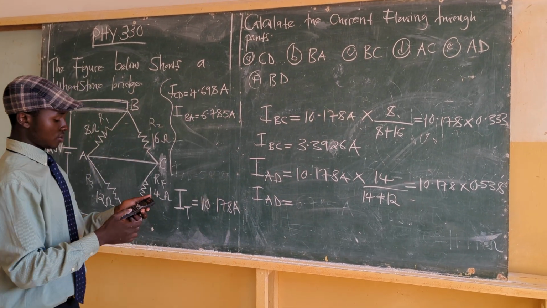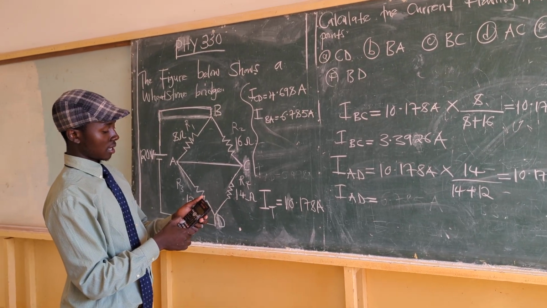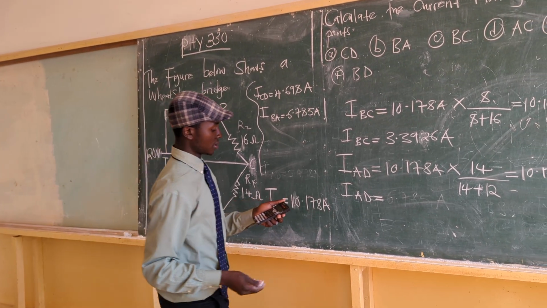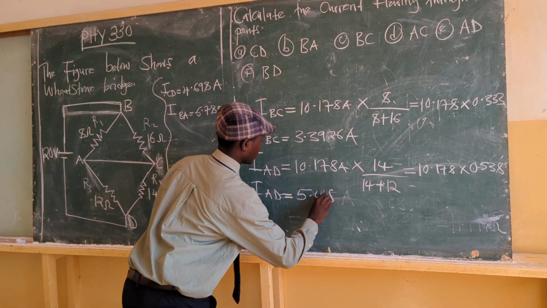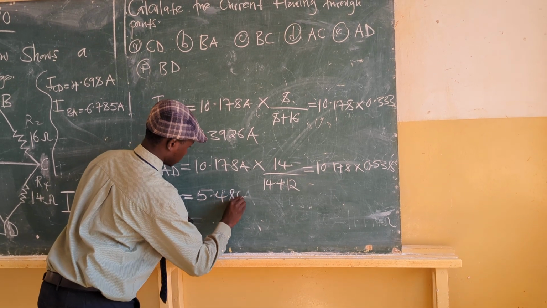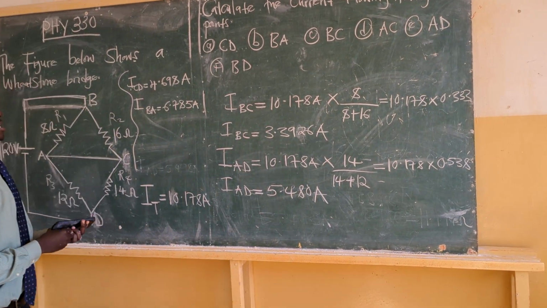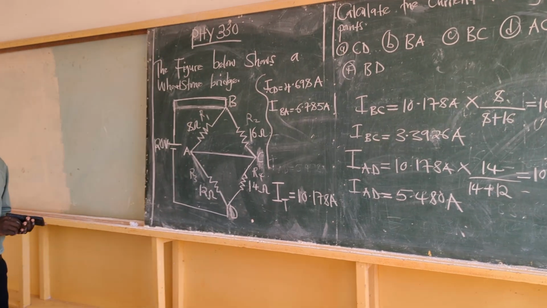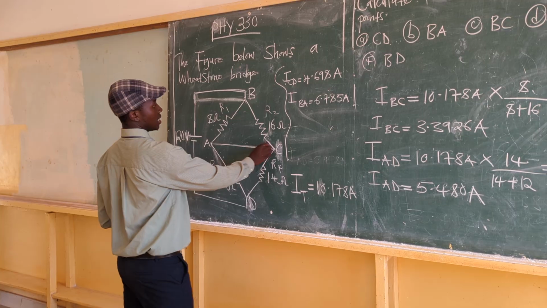So for AD, you multiply that with 10.178. This gives us 5.480 amps. Now, since we have these currents, we can calculate the current flowing at this point AC.